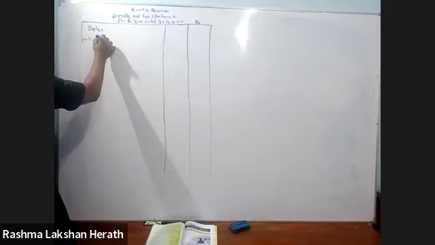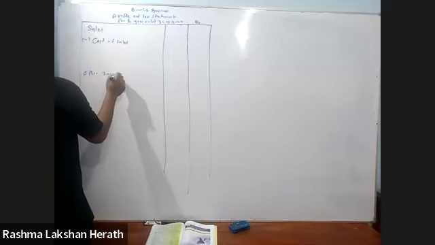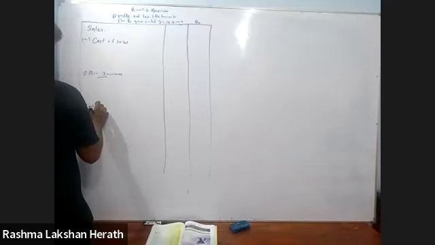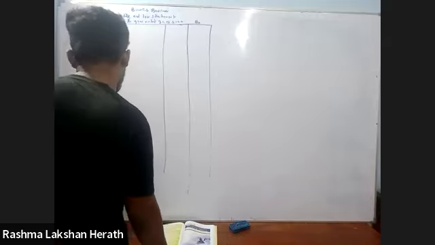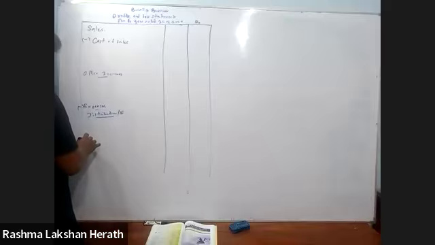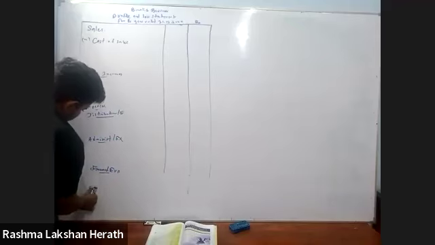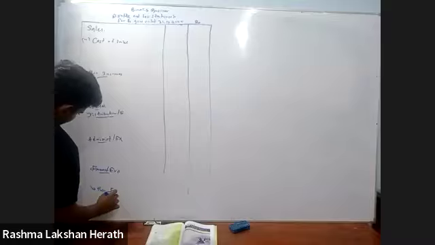Sales, cost of sales, and other incomes, and the expenses: distribution expenses, administration expenses, and other financial expenses and other expenses.